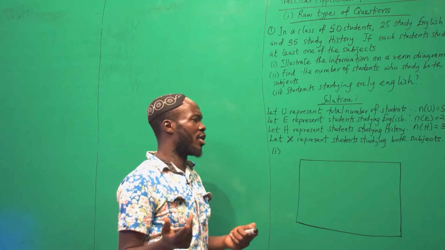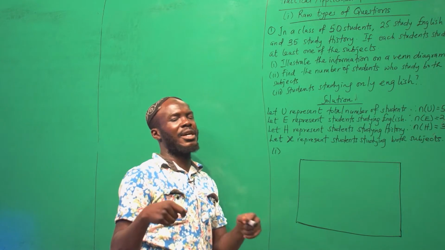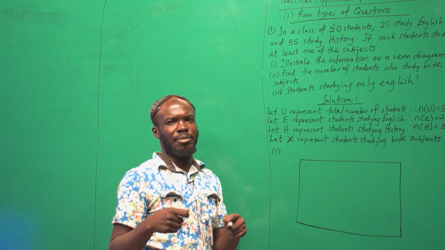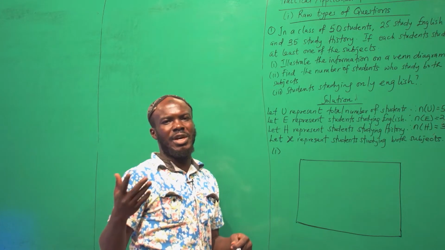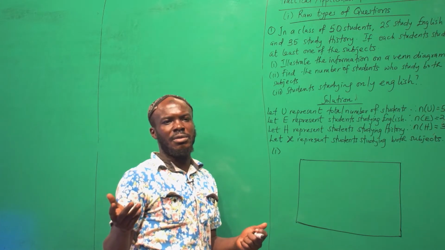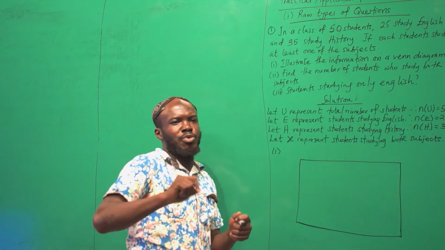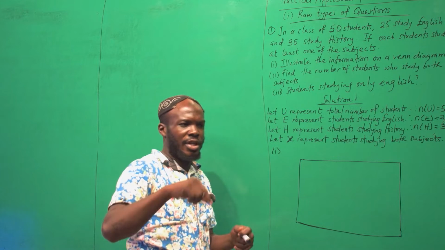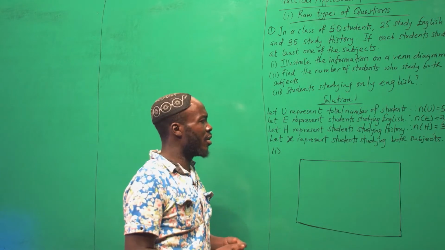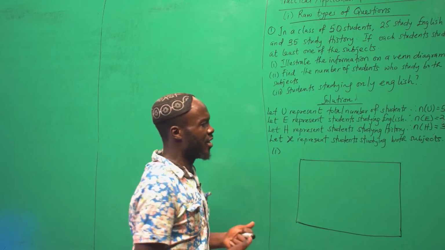The compass is okay, but sometimes it wastes time. If you have a coin or any object, you can send it to BECE, WASSCE, it will be accepted, except that you cannot write something on it which will help you in the exams. So any circular object, normally coins, is okay. Or if you don't have, the compass is there for you.